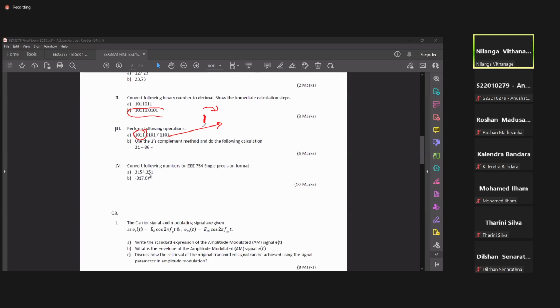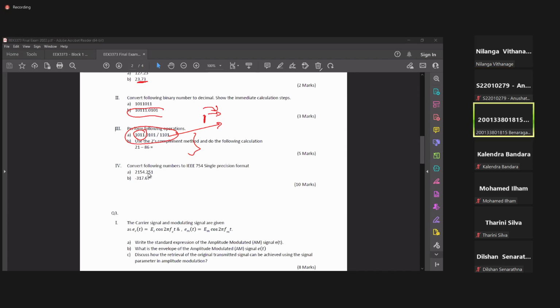So what I want to say is these are not that hard, but you can make mistakes easily, right? So division is kind of a little bit difficult. That's why we give more marks for these parts. These parts you get only one mark, but for these ones you get more marks, right? So you have to be very careful.